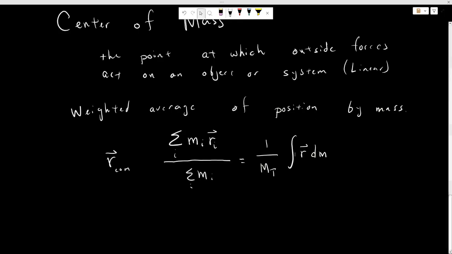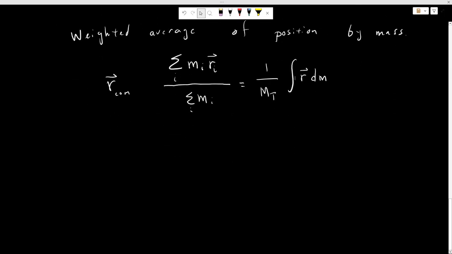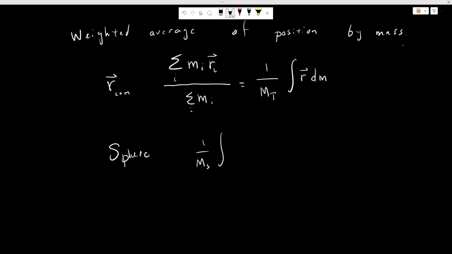Right. And so that gets a little odd. It gets a little weird. But what we can see is that for most objects, like, for example, if I have a sphere, and I want to divide by the total mass of the sphere, and then I'm going to integrate r dm. If this object has a uniform density, rho, let's say rho is equal to the total mass over the total volume, so 4/3 pi r cubed.